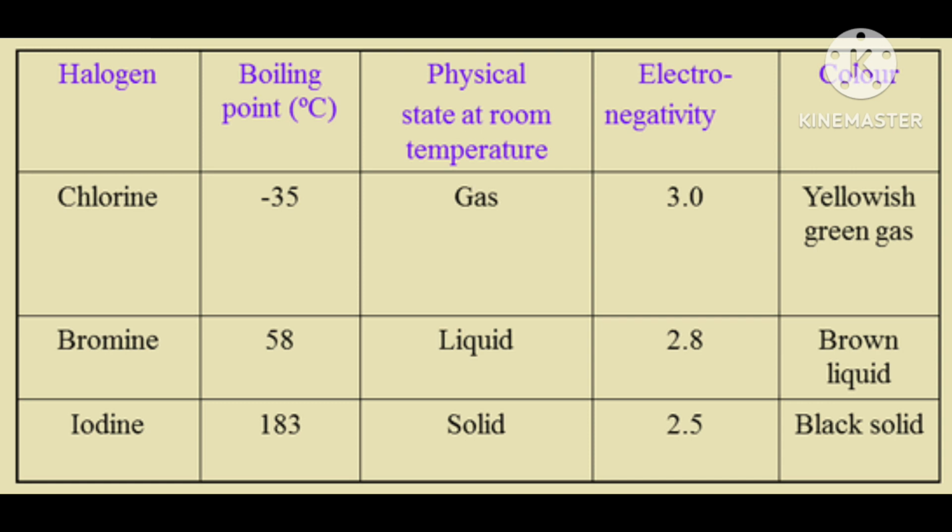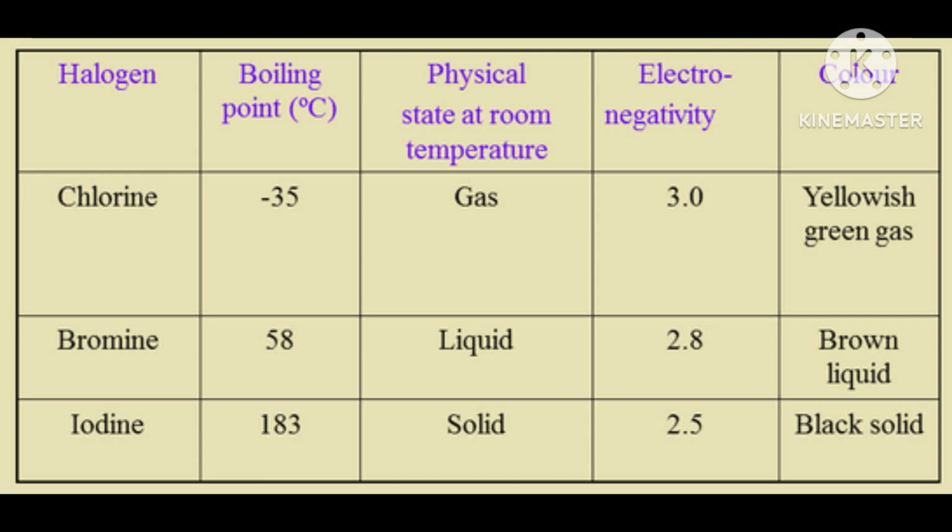In ns, 2 electrons are there in these halogens, and in np, 5 electrons are there.